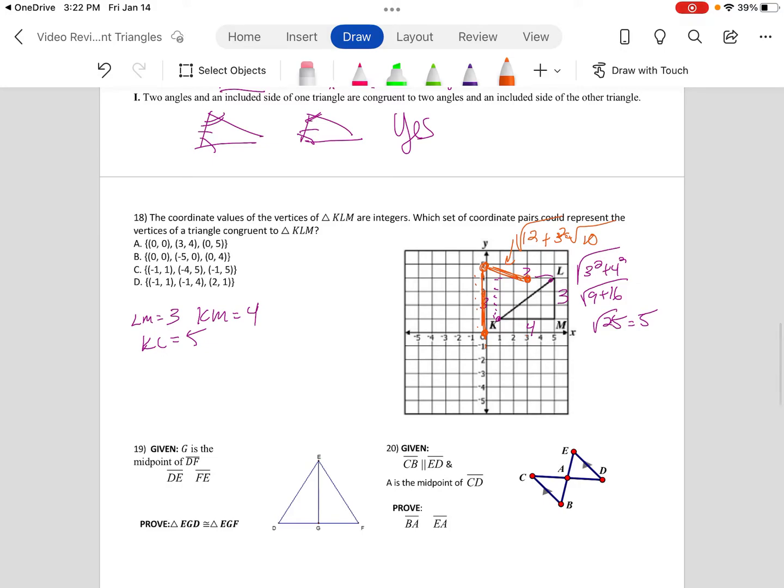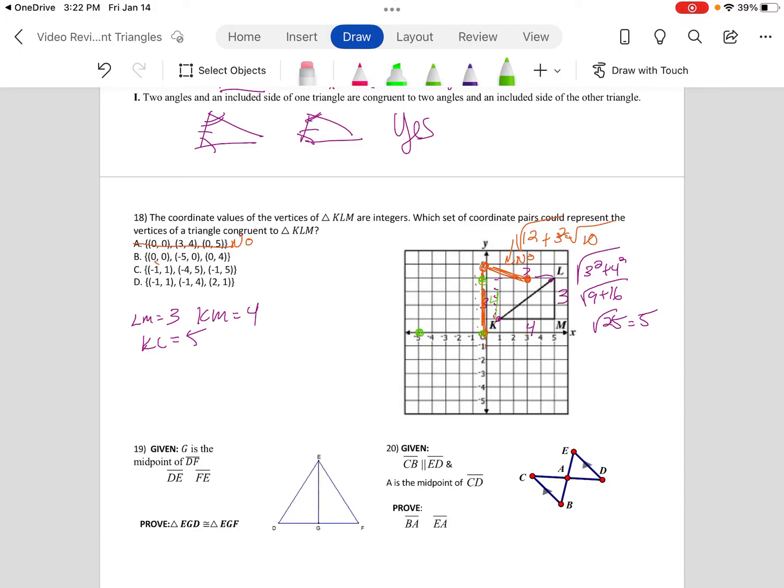So this is a no. Next one. 0, 0, negative 5, 0, and 0, 4.